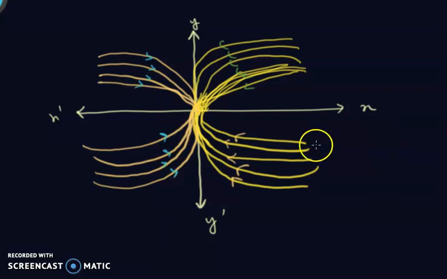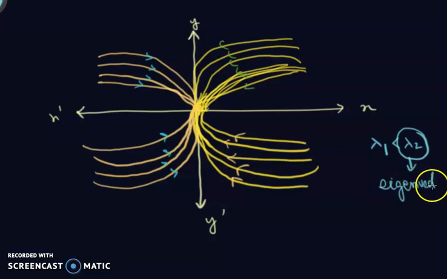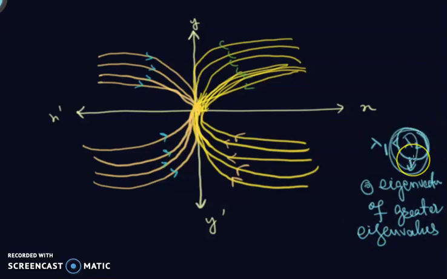So you can realize that when we were starting our problem, lambda 1 was less than lambda 2. Lambda 2 was corresponding to this y-axis. So the trajectories will approach the origin along the eigenvector of the greater eigenvalue, because this was the greater eigenvalue, lambda 2.